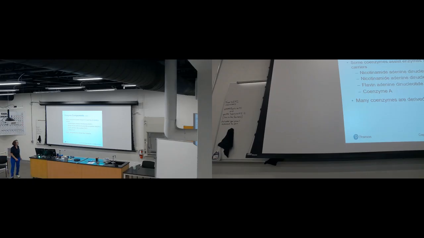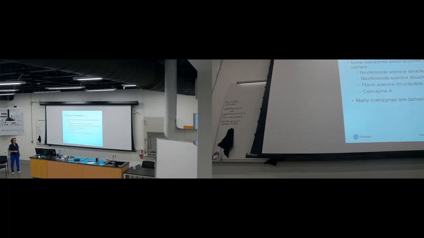So here we have some coenzymes. We have NADH, NAD plus, NADP plus, FAD, and coenzyme A. Nicotinamide adenine dinucleotide carries hydrogen ions, and NADP is the same, but it has a phosphate group.